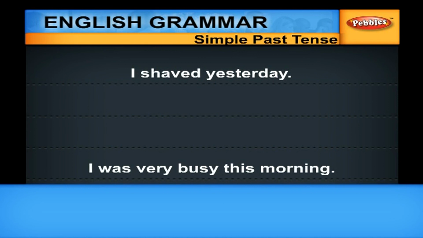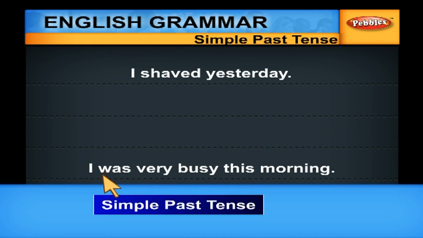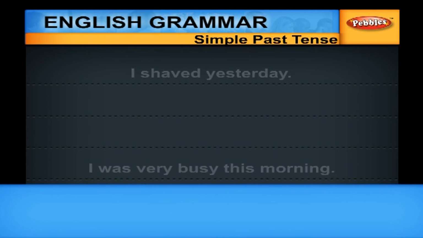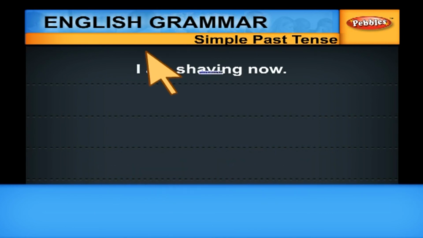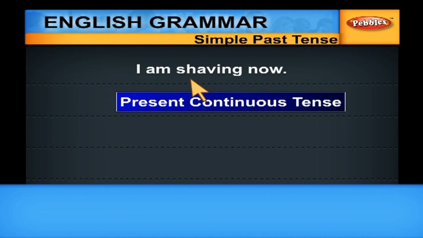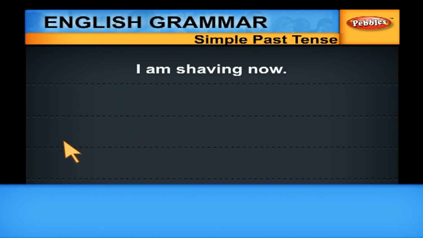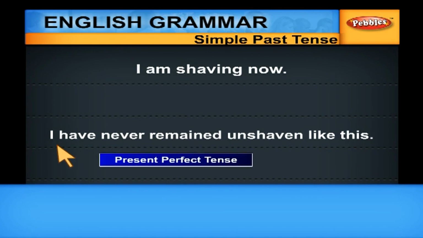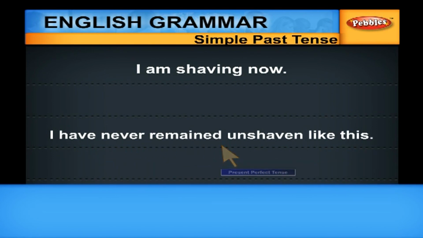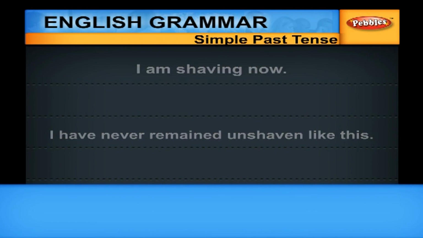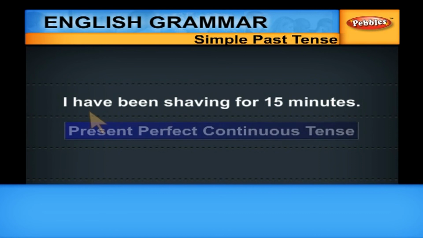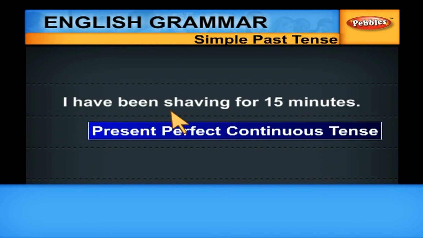Now, what do you think the tense is? Simple past tense. I'm shaving now. This is in present continuous tense. I have never remained unshaven like this. Present perfect tense. I have been shaving for 15 minutes. It is in the present perfect continuous tense.